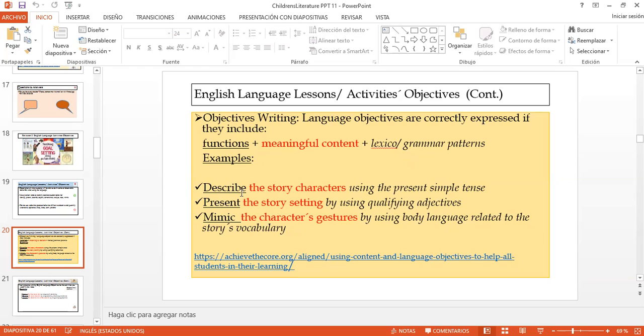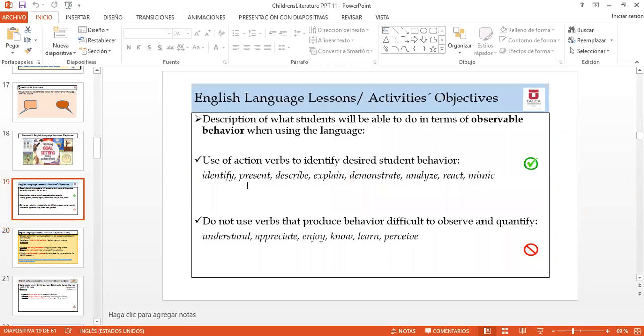Okay. So you can describe the story characters using the present simple or qualifying adjectives, and you can play with this. Most of the verbs we will use, or a lot of verbs, can be referred to linguistic actions: describe, identify, present, explain.